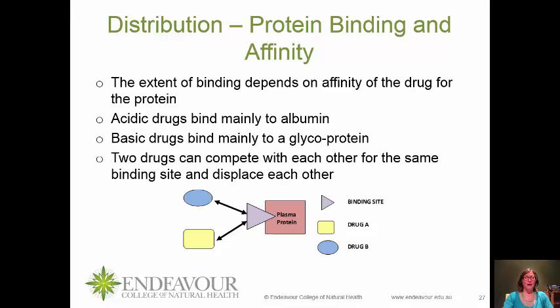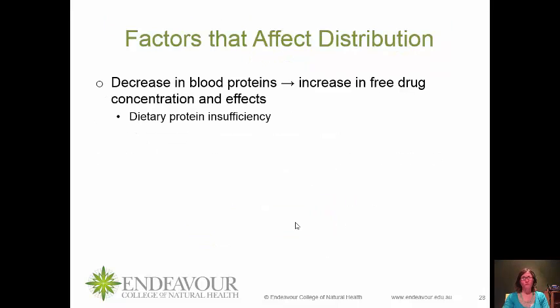That would be our albumin plasma protein. And so here we have a second drug, drug B, and one drug displacing the other drug at its binding site. And as we suggested, generally not a problem with drugs, doesn't cause significant interactions unless one of those drugs has this low safety margin. So more on that later.